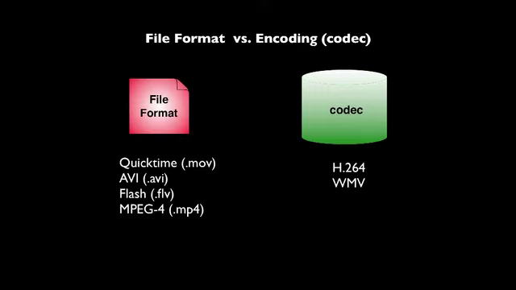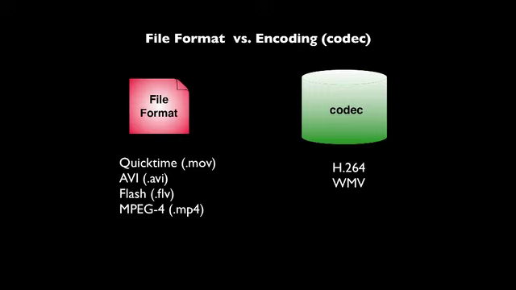A file format is the actual file that you're going to save as your output file on your computer. Whether that be QuickTime, AVI, MPEG-4 or Flash, this is the actual file that's going to be saved on your computer. So how do I decide what file format I want to save it as? You have to ask yourself, what's it going to be used for?